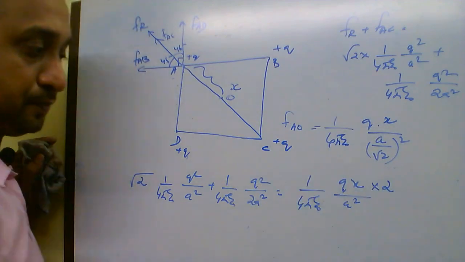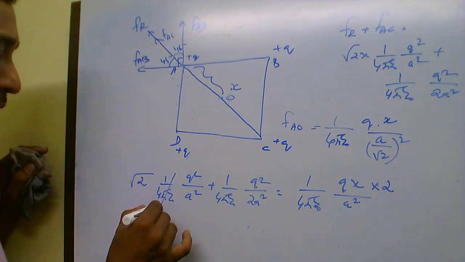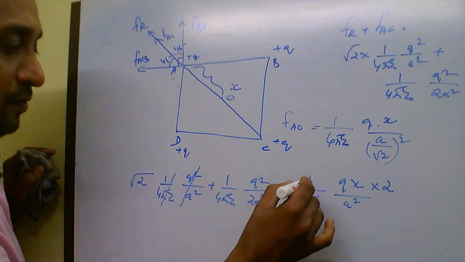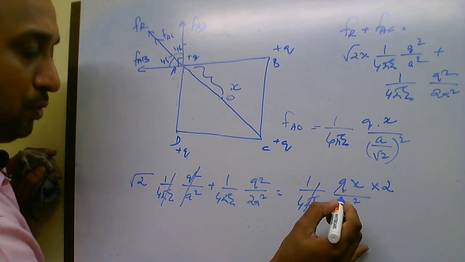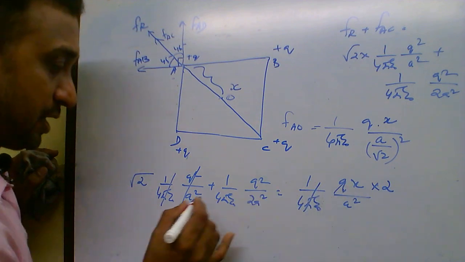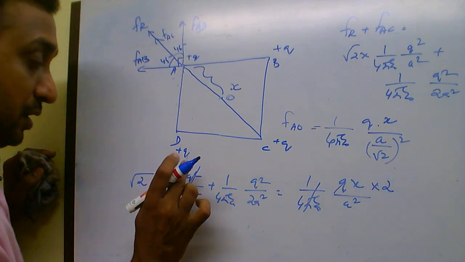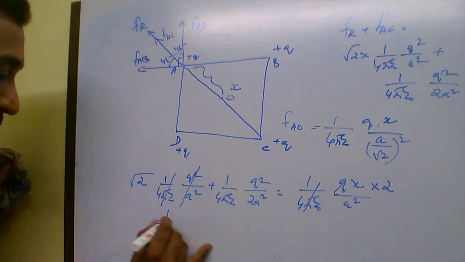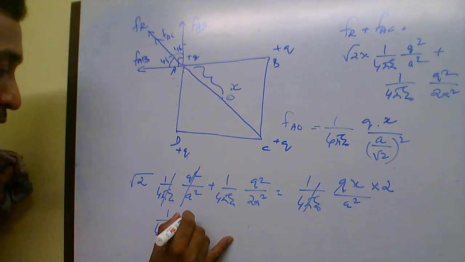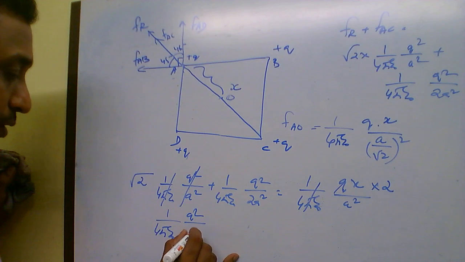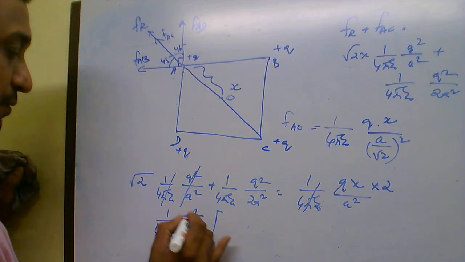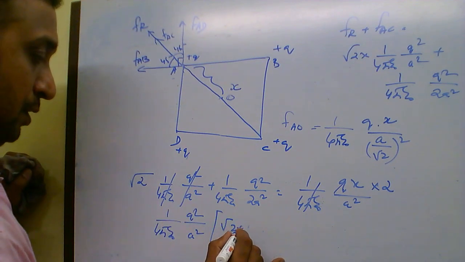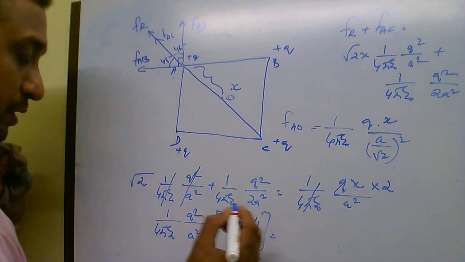You can take 1 by 4 pi epsilon 0 q squared by A squared out. So you will have root 2 plus 1 by 2 on the left hand side.